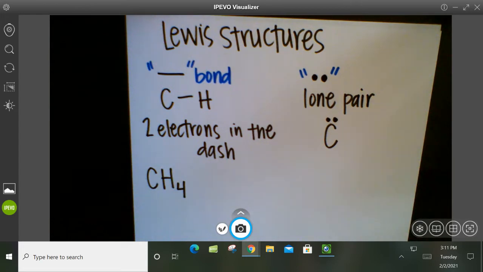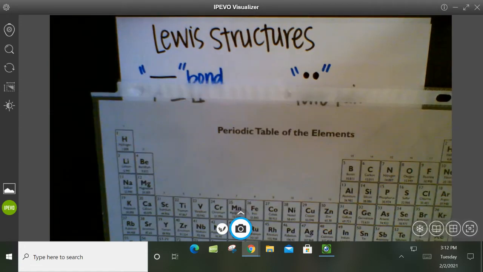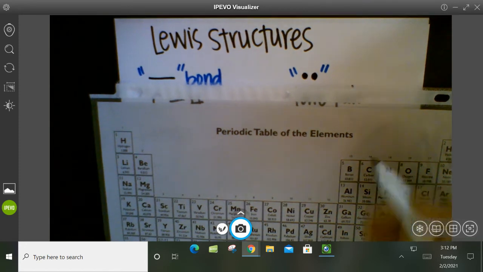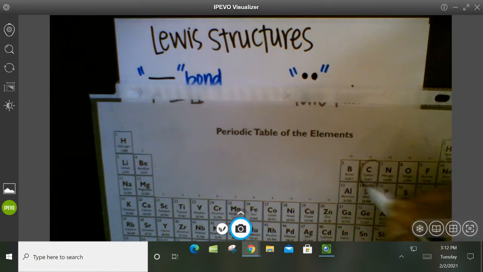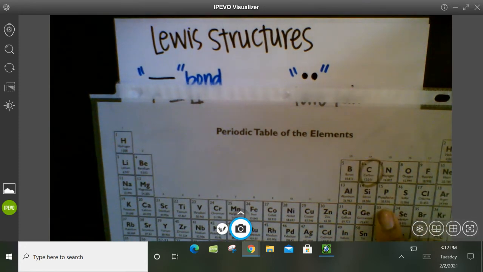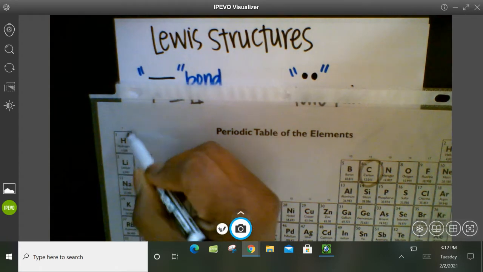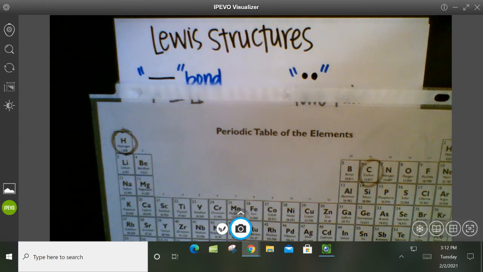How many valence electrons does carbon have, and how many valence electrons does hydrogen have? All right, so the easiest thing that you can do to count your valence electrons is you want to find carbon on your periodic table, and you want to find your hydrogen on your periodic table.